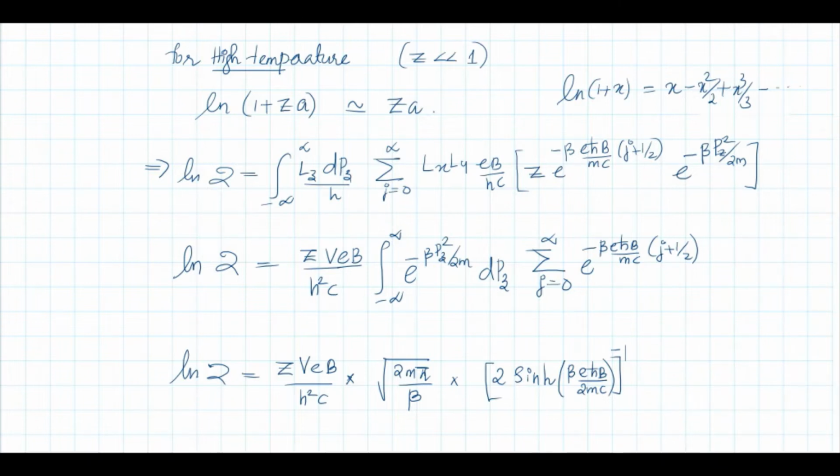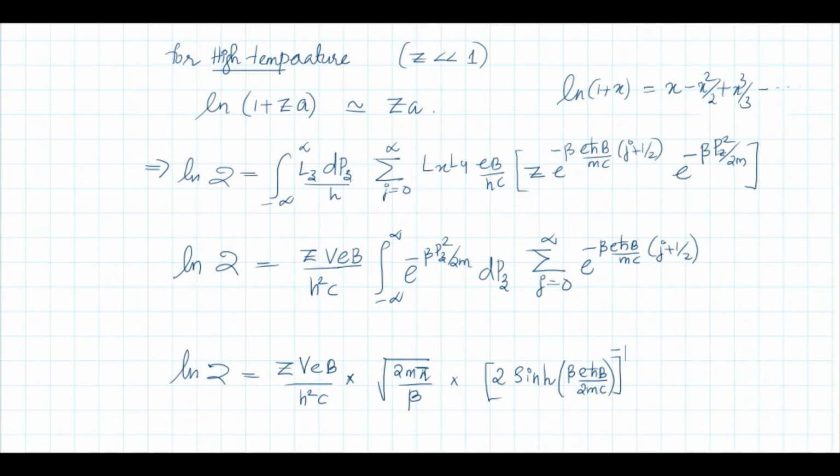So log theta equals z V eB by h square c. Lz, Lx, Ly, the product of all three, will give you the volume of the rectangular box, that is V. Then there is z, there is eB divided by h square c, the integral from minus infinity to infinity of e raised to minus beta pz square by 2m dpz, then this summation over j of e raised to minus beta eh cut B by mc, j plus half.